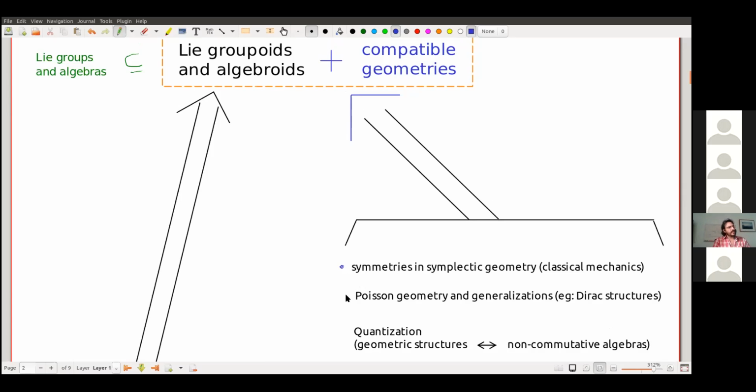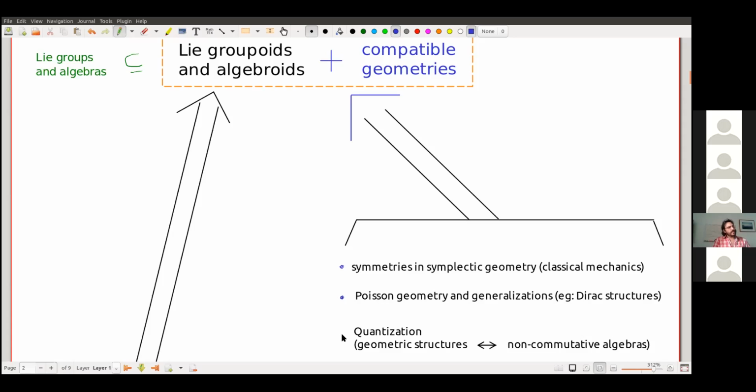The other thing is that just as symplectic structures come from mechanics and the description of dynamical systems and so on, but then were studied as geometric objects, the same happens with Poisson brackets. So there is an area called Poisson geometry, and it has other generalizations also motivated by mechanics.